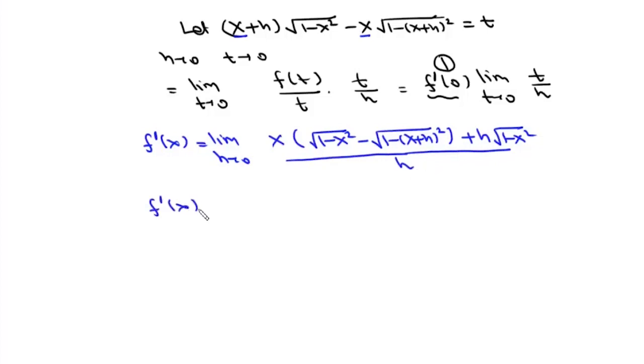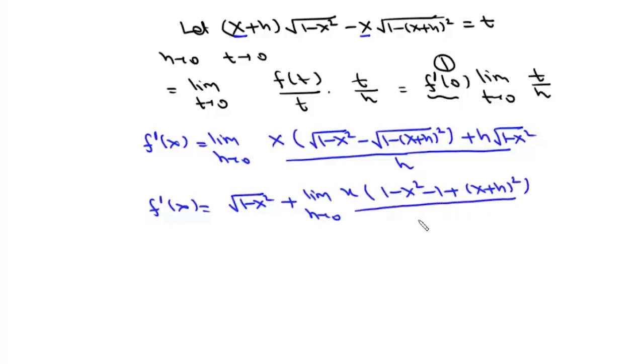So we get this f dash x as under root of 1 minus x square and then plus this limit h tends to 0, and this is x, and here we'll rationalize it, and if we rationalize it we get 1 minus x square and then minus 1 plus (x plus h) whole square upon h, and then into under root of 1 minus x square plus under root of 1 minus (x plus h) whole square.